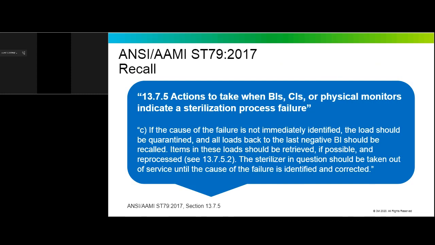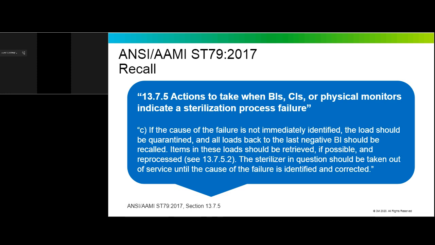There is a section in ST79 about what to do if you have a sterilization process failure. Say any of your monitoring tools indicate a failure. It's important to remember that if you can't immediately identify the cause of the failure, you need to recall all load items back to the last negative BI result.